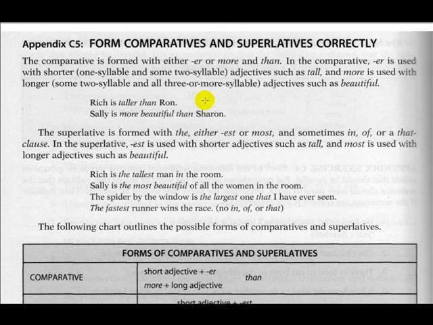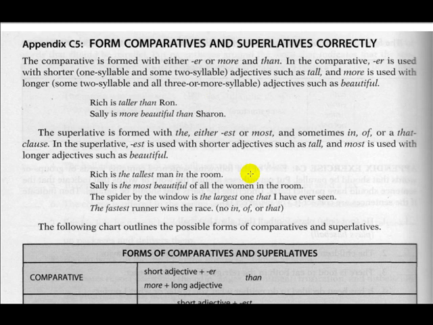And sometimes in, of, or a that clause. In the superlative, est is used with the shorter adjectives, such as tall, and most is used with longer adjectives, such as beautiful. And you have examples down here.